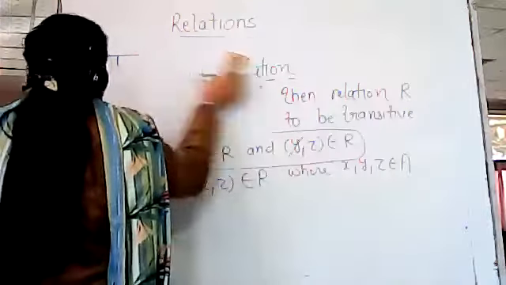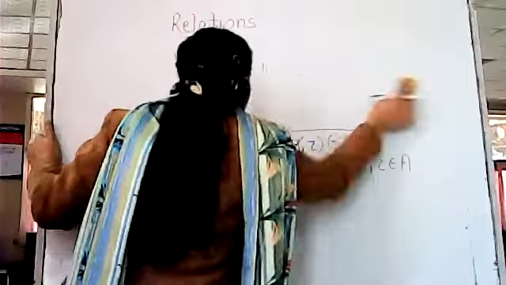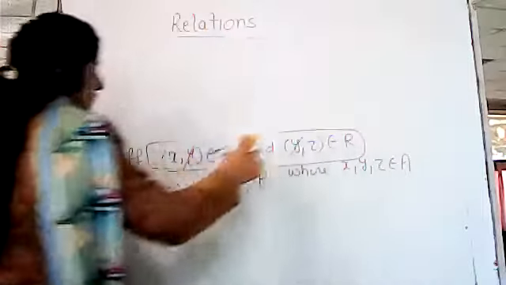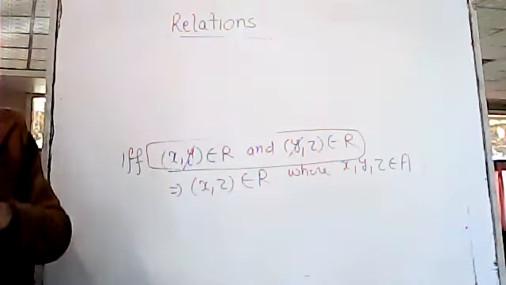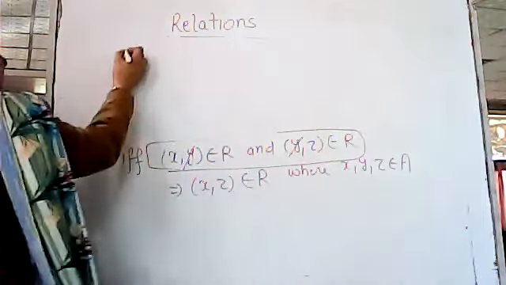Now we are going to understand this definition with the help of an example. This definition is most important. The result is already written here. So I am going to consider this example.